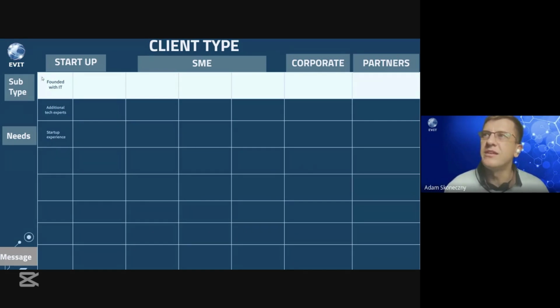Then you need to understand what type of the client it is. And then when you understand what type of the client, then you need to pay attention to their needs or the problem that you can solve. Additionally, what those kind of people would love to see, let's say this founder established a new company and the product that they are developing is working in the tourism.